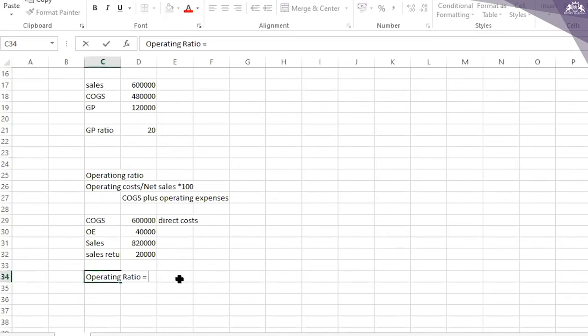Look, cost of goods sold is 6 lakhs plus operating expenses. 6,40,000 is your operating cost.